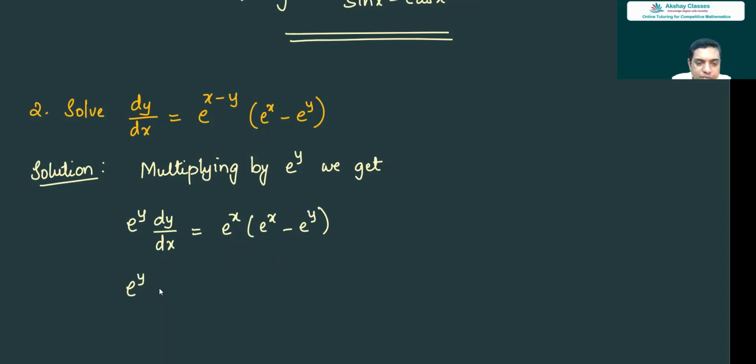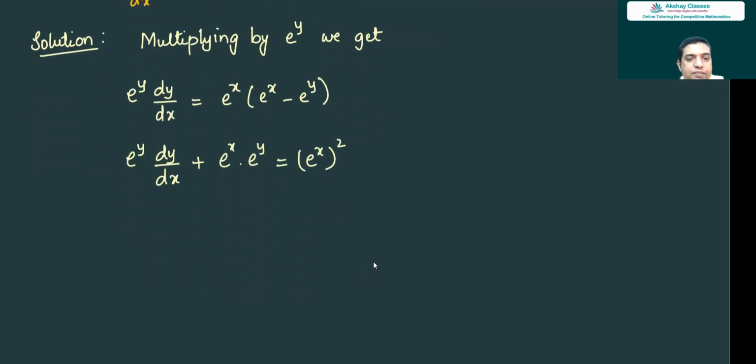This we can further simplify: e power y into dy by dx plus, taking this to this side, e power x into e power y, is equal to e power x the whole square, that is e power 2x. Now directly it is not in linear form, but we can substitute e power y as u.